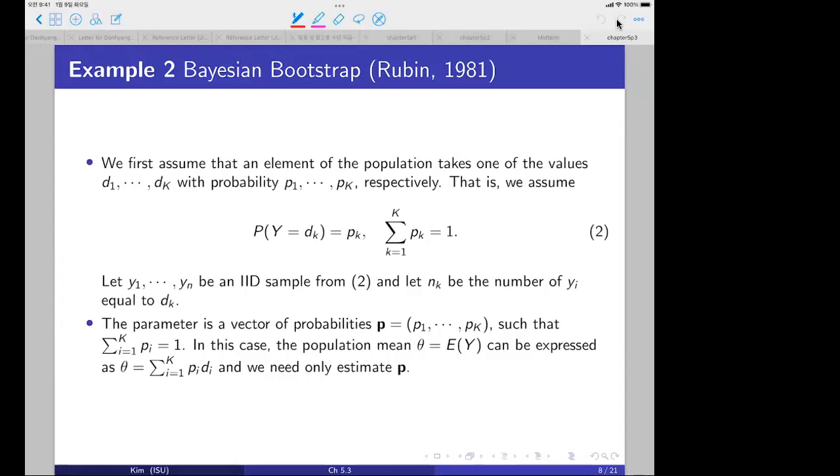So y is fixed, and what is not fixed in the Bayesian sense is p, the point mass. This is your parameter, because you know the support. This is known, this is unknown. So your parameter can be referenced this way, and the problem reduces to estimating p.